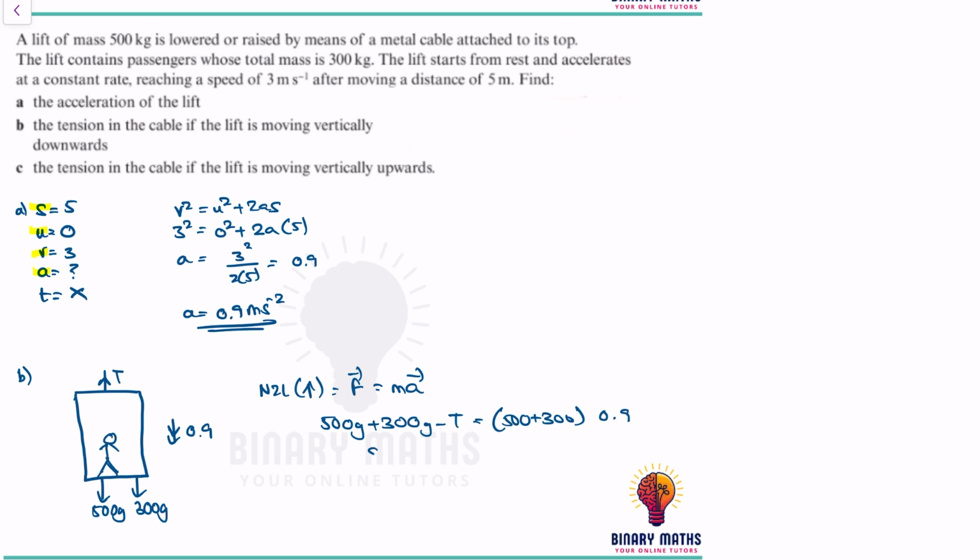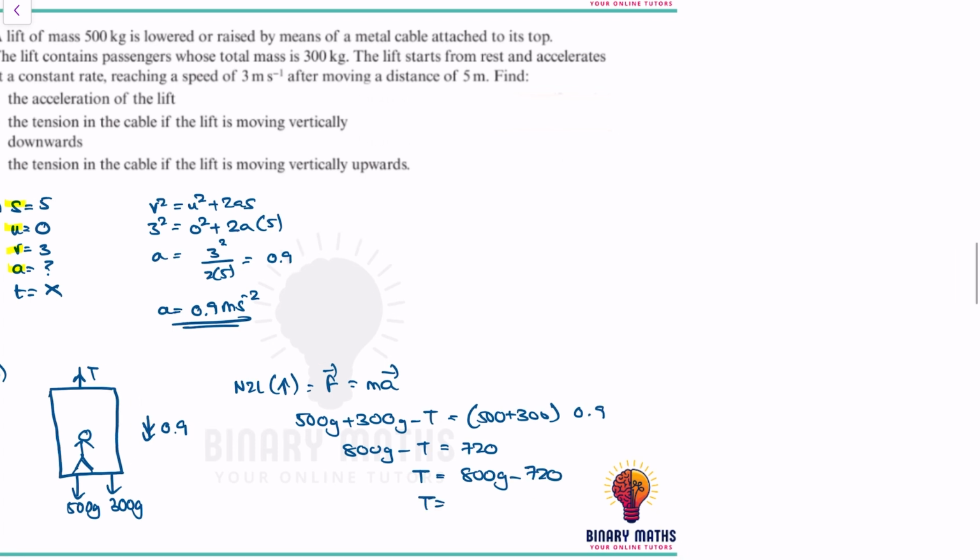Which means 800 g minus T is equal to 800 times 0.9, which is equal to 720. T must be equal to 800 g minus 720, which works out to be 7,120 newtons.